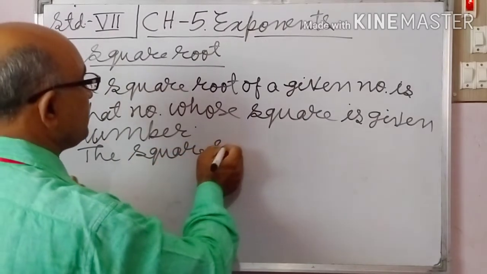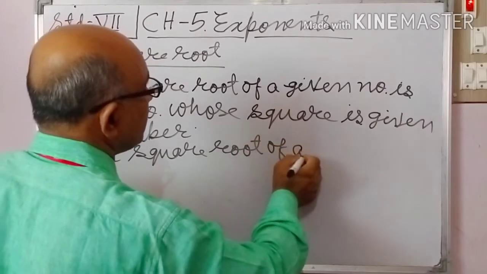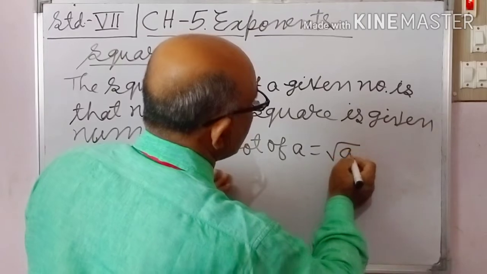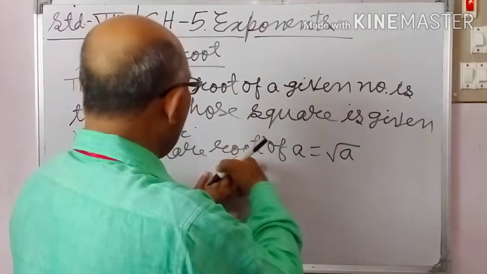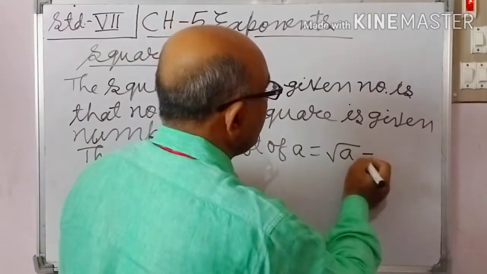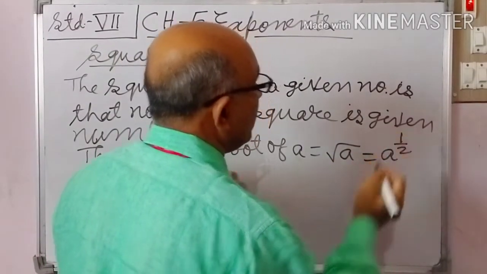The square root of a is denoted by root a. The square root of a equals root a equals a to the power 1 by 2.